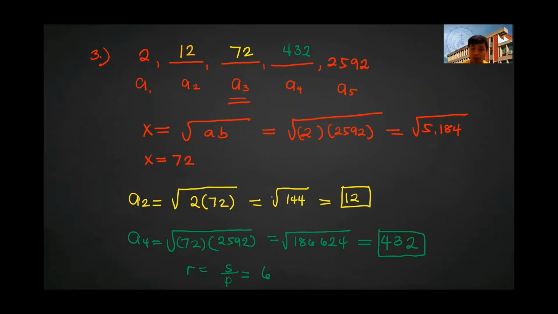And 2,592 divided by 432, you will have the same answer, and that is 6. Now, if we look for the succeeding terms, you can solve for that by just multiplying by 6, since that's the pattern that we multiply in order to solve for the succeeding terms in the given sequence.